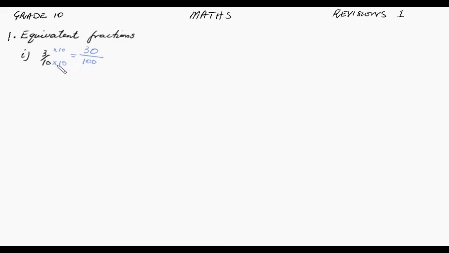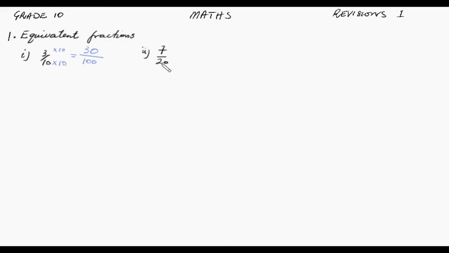Okay? Let's look at another one. Let's say we have this fraction, 7 over 20, and you want to write an equivalent fraction with the denominator 100. What do you do? I know some of you have already found the answer.